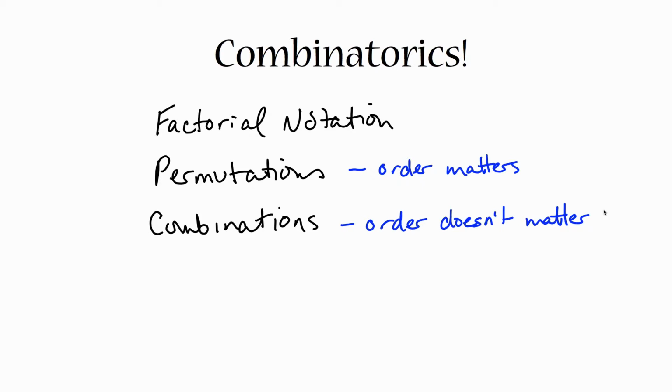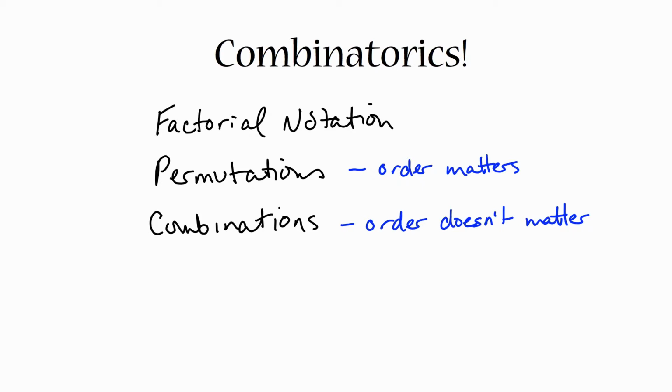The best way of thinking of this for me is if you're playing poker and you've got 5 cards in your hand, it doesn't matter how many permutations, how many arrangements of those 5 cards you have. You could shuffle them around in your hand no matter how much you want. That's the same poker hand. Those same 5 cards, the same set of 5 cards, is one combination, one poker hand. So the order does not matter.